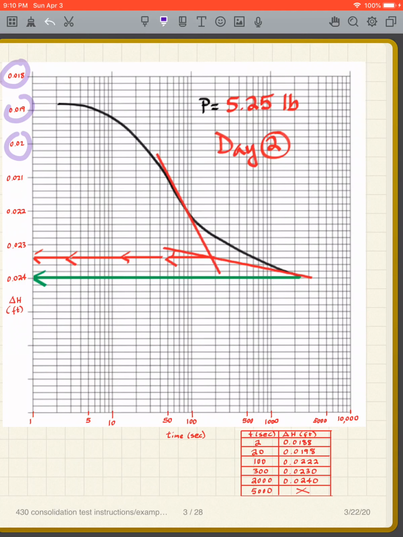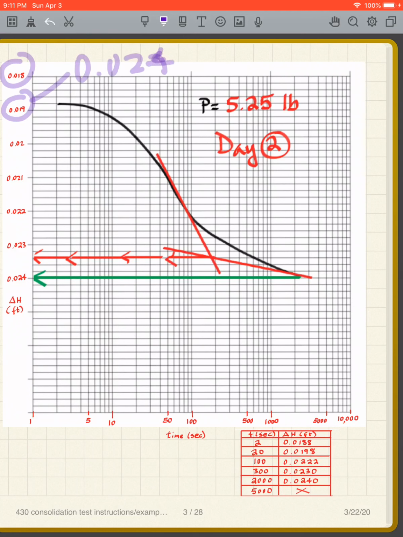So that way I don't necessarily have to go all the way to the bottom of this plot, but I use a little bit more than half so that I can see this line. In other words, I don't want to create 0.018 here and then have 0.024 here.